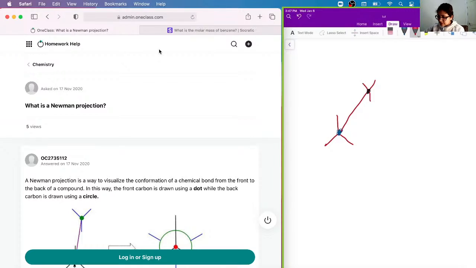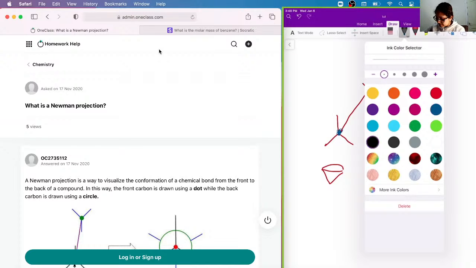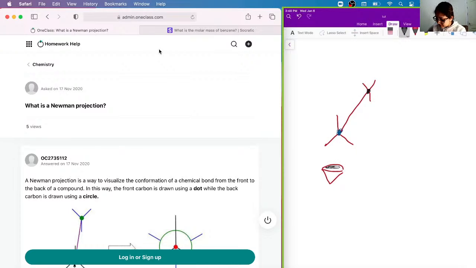This is how you see your projection basically. If this is the eye, this is how you see it, if you're looking from the side. So this is called a Sawhorse projection.